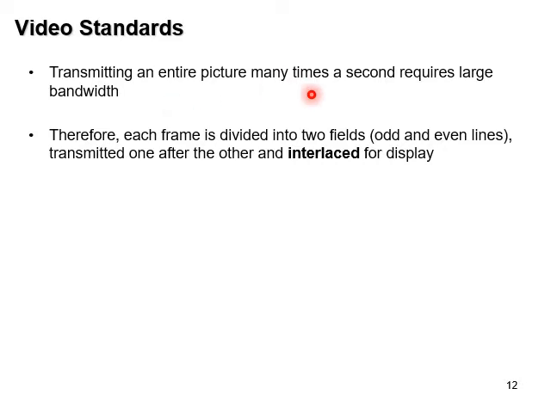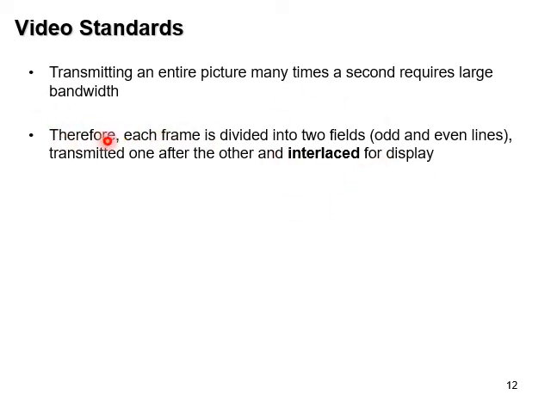So transmitting an entire picture many times a second requires large bandwidth. You can imagine that you need a large bandwidth to transmit that amount of data per second. Now, there is a little trick that could be used in order to reduce the amount of transmitted data and might not really affect the quality of the image that much, which is using interlacing.